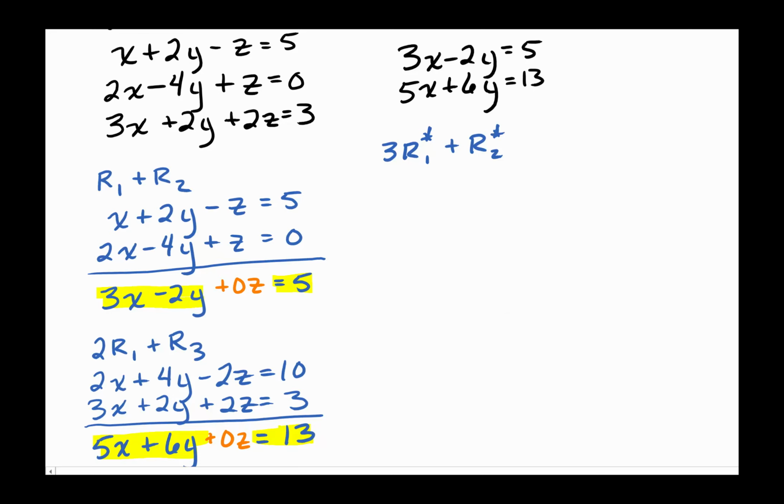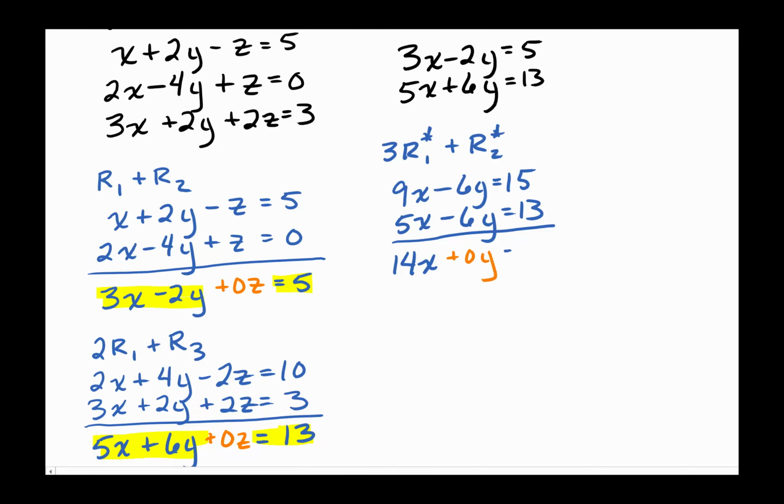So 3 times row 1 is 9x minus 6y equals 15. And row 2, without any changes, is this right here. And when we add them, we get 14x. The y's disappear, which is what we wanted, equals 28. Or just simply 14x equals 28, and we are ready to solve that immediately for x.